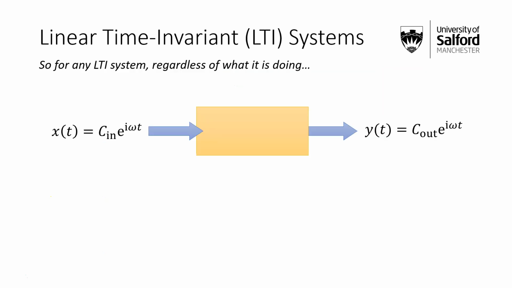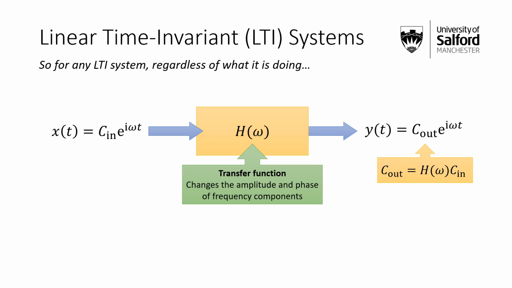And that leads us into this idea that for any LTI system, linear time invariant system, regardless of what it's doing, you can express its behaviour as a transfer function. And this is something that changes the amplitude and the phase of frequency components. And we've written H of omega because it might behave a bit differently depending on omega.